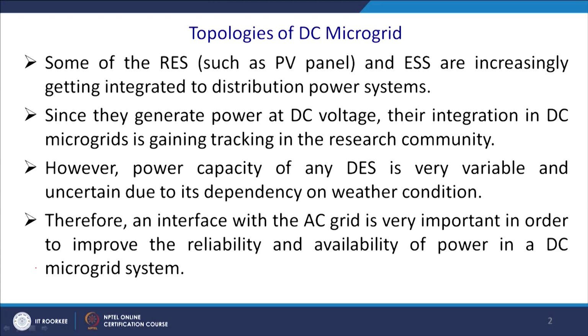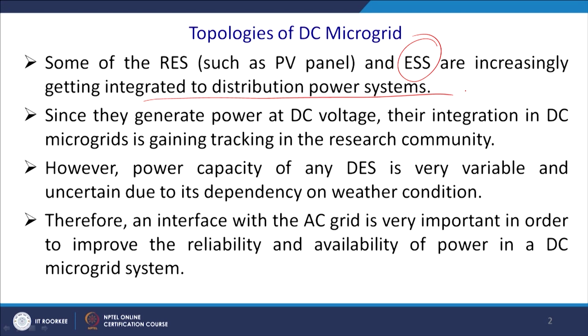Some of the energy resources, such as the PV panel and the ESS, that is the battery cells, energy storage, are increasingly getting integrated into the power distribution system, and we are now coming to the concept of the zero peak house.